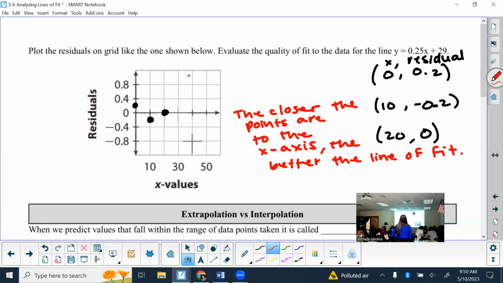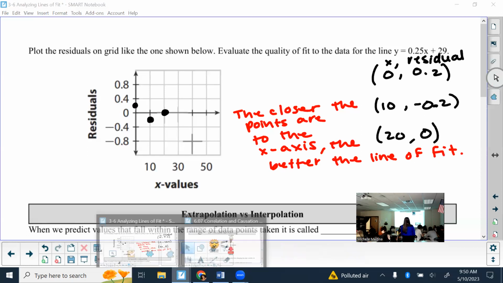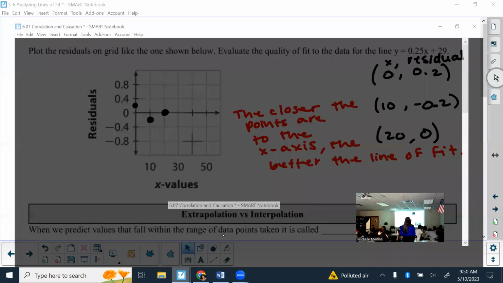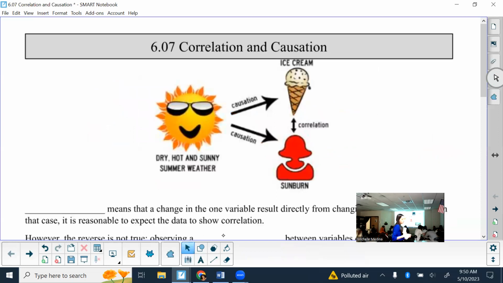All right, so that's all we're doing on that note sheet. Now we're gonna look at the correlation causation session. Can we do that? Okay, we've talked about correlation before. What's another word for correlation?